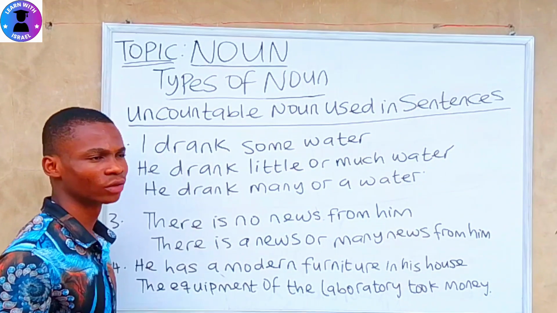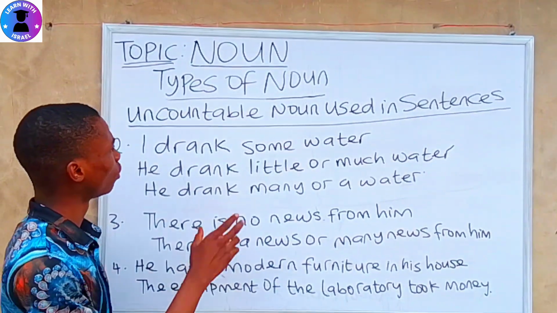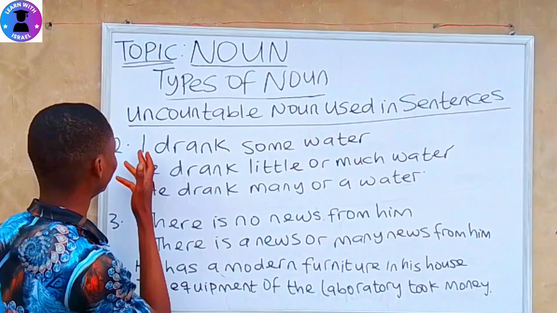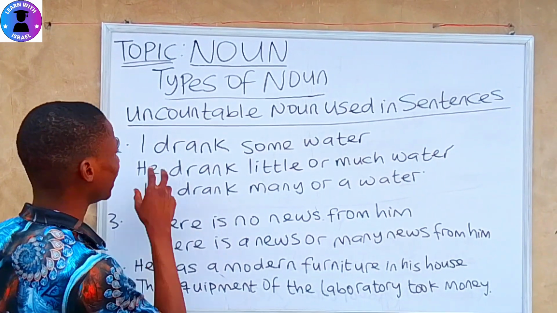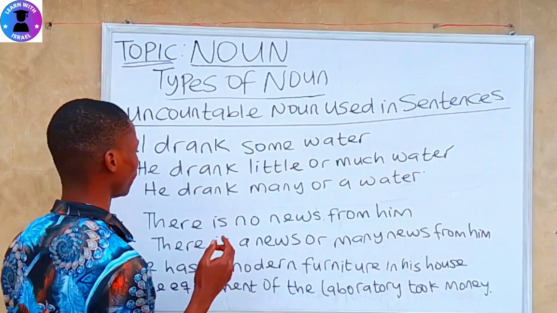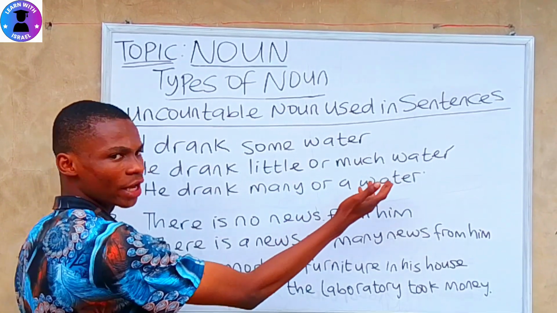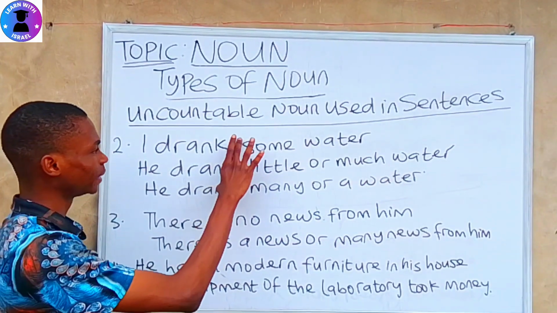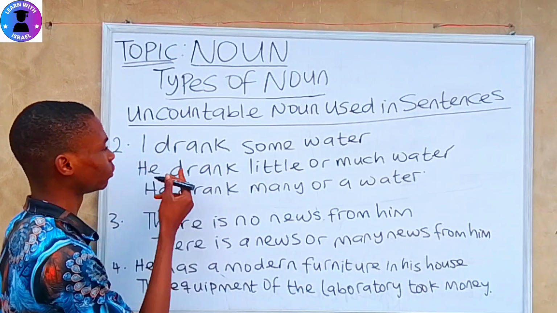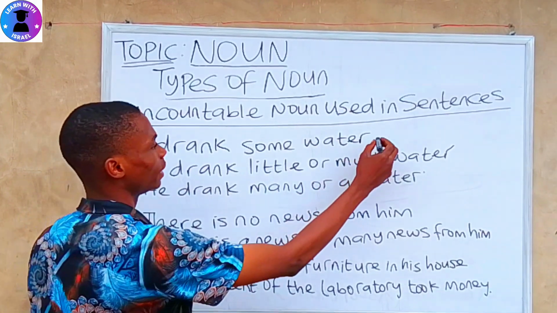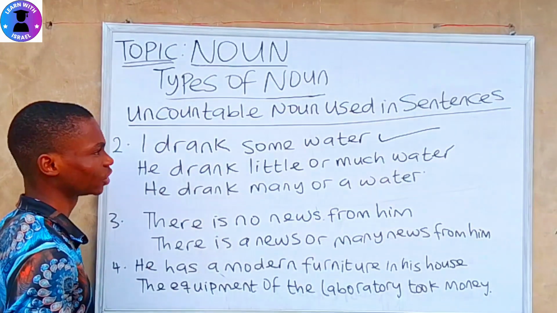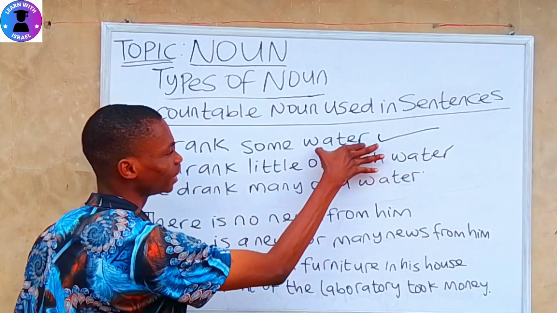I've talked about number 1 example under uncountable noun used in sentences. So let's check example 2. I drank some water. He drank little or much water. He drank many or a water. So check these 3 options. Which one is correct? For the first one, I drank some water, is correct. Water is uncountable.